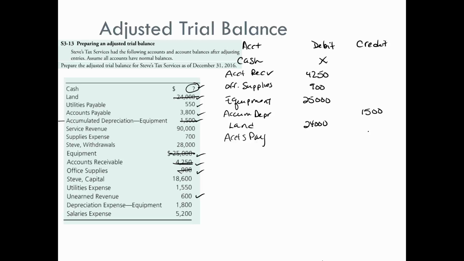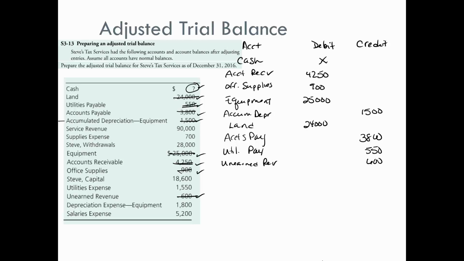So that's $3,800 over here on the credit side. And then utilities payable, that's 550 over on the credit side. And then unearned revenue, which is 600 on the credit side.